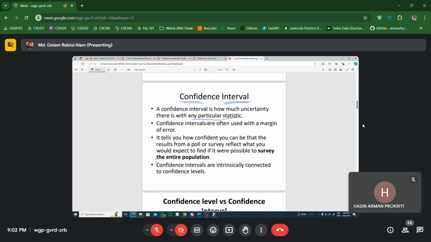That means if you have any particular statistic, there is some uncertainty. You just run your machine learning model, and maybe 92% of the time you get 92% accuracy. Sometimes you will get 95% accuracy. Sometimes you will get 99% accuracy.